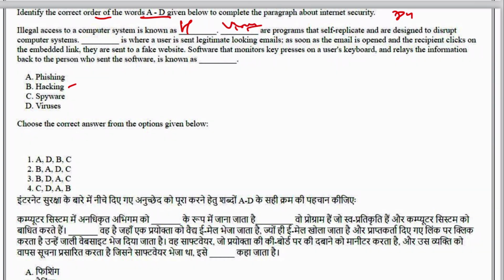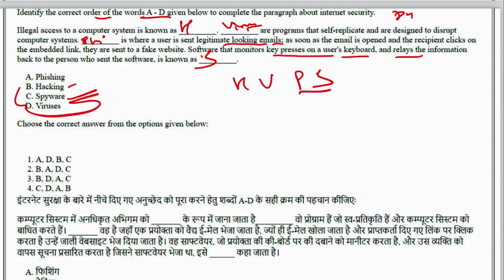Dash is where a user is sent a legitimate looking email. This is phishing. Software that monitors key presses on the user's keyboard. This is spyware. So the order is BDAC. 3 is the answer.